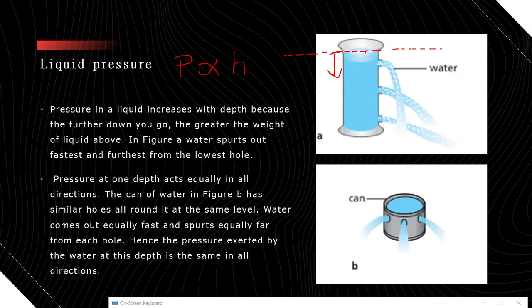So the first point, the least height or the least depth that we have over here, is at this point. You can really see that the flow or the pressure is not that much, and hence the liquid is just very slowly going off in this direction.